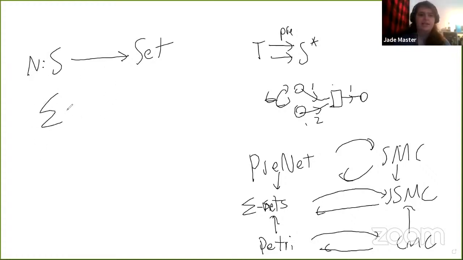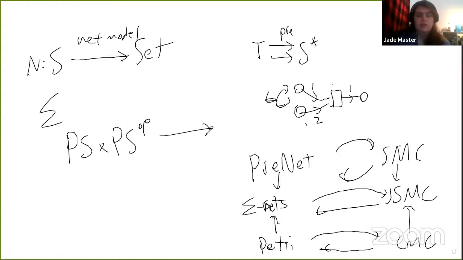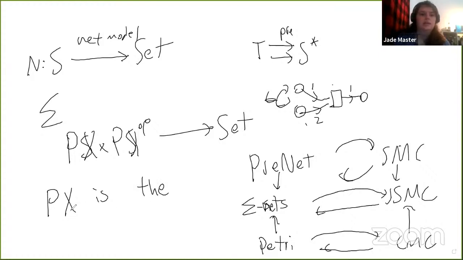Yeah, and a sigma net is a functor like this. Or maybe write X instead of S. So P of X is the free symmetric monoidal category on X. So you take the set X and then you equip it with all the symmetries.